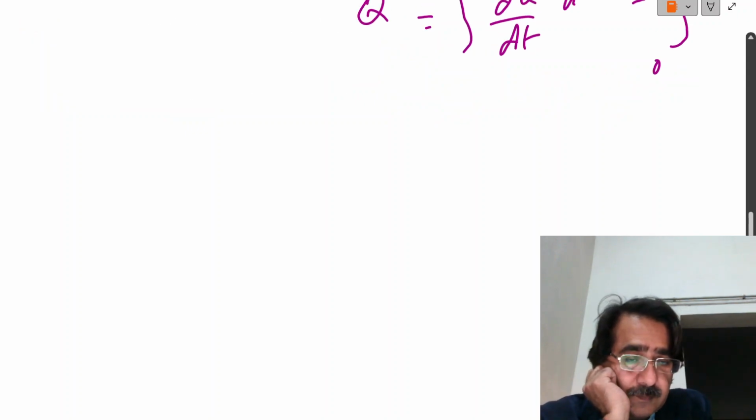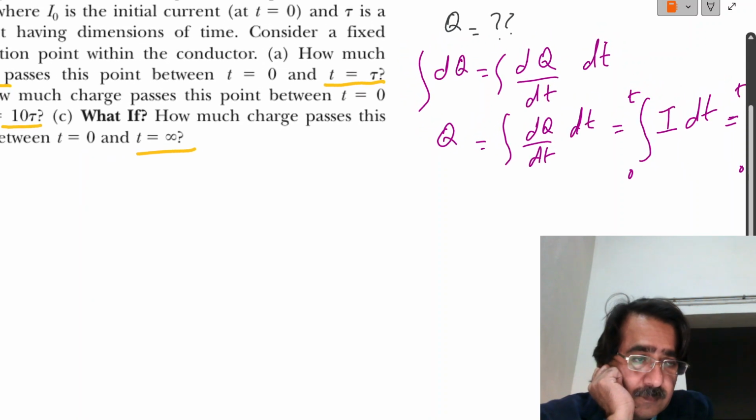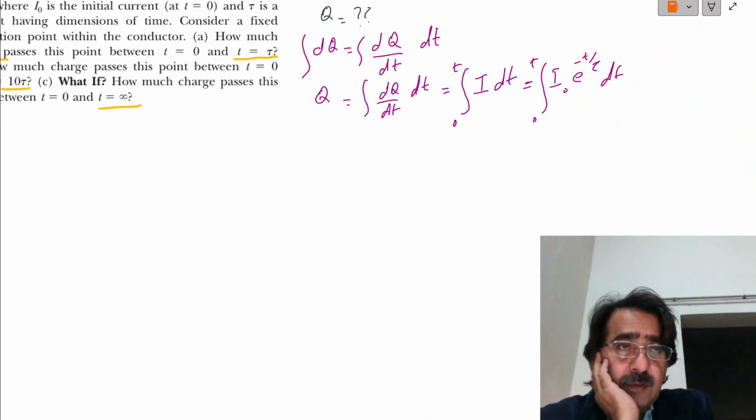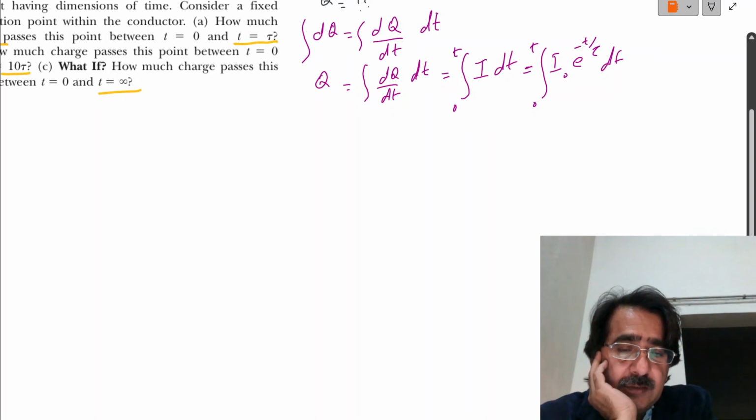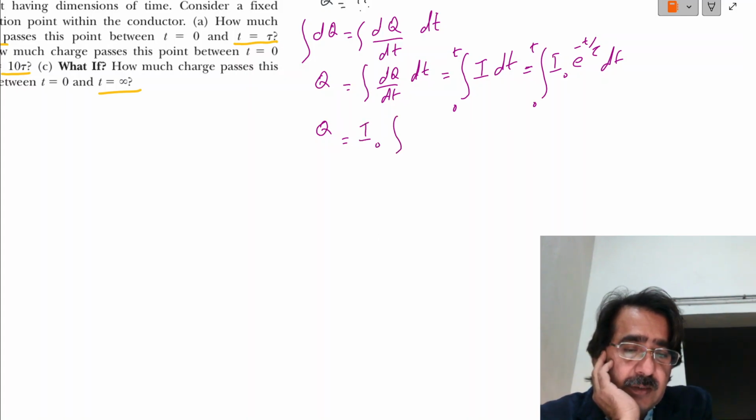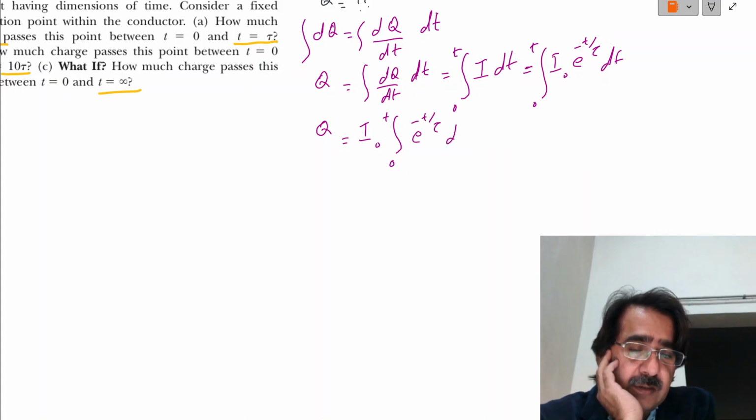You may write q is equal to the integral, because I naught is constant, so it may come out of the integral sign, and we have exponential of minus t over tau, dt.